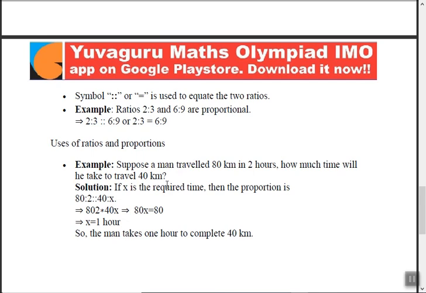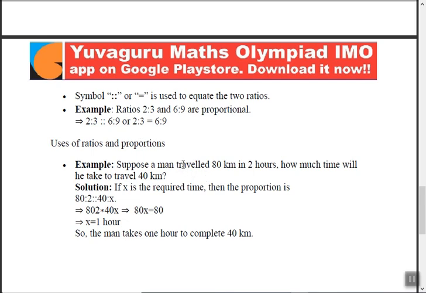If x is the required time, then the proportion is what? x is to 1 equals to 40 is to 40. We don't know x, we have to find out x. So x upon 2 equals to 40 upon 80. So solve it for x. Cross multiply, and then you get x equals to 1 hour. So the man will take 1 hour to complete 40 kilometers. So that is the use of ratio and proportion.